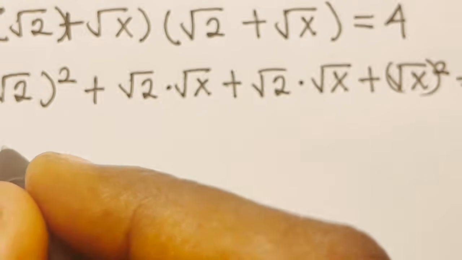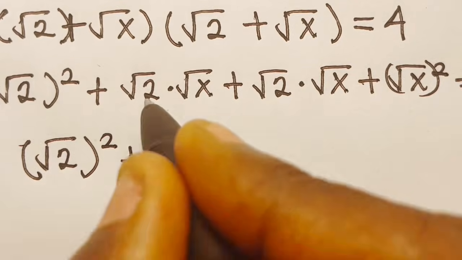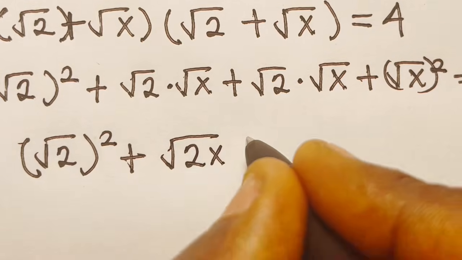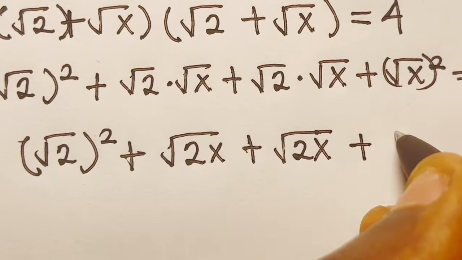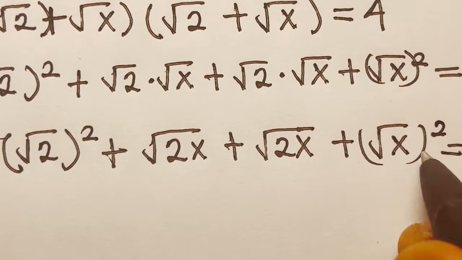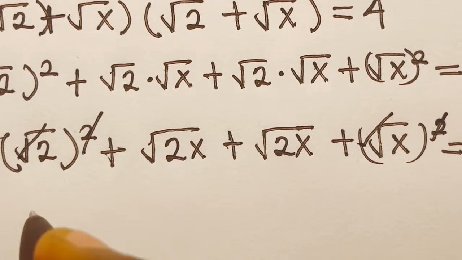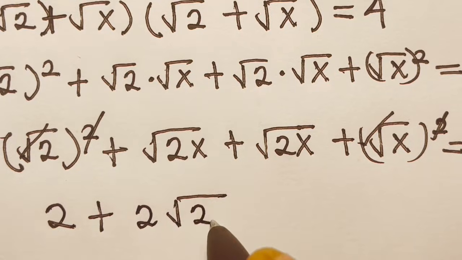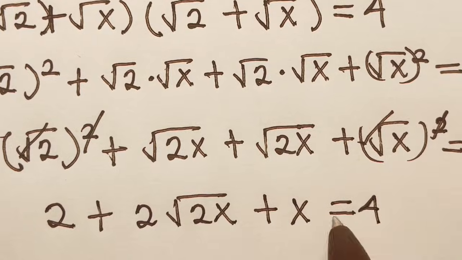Here now we have square root of 2 squared, plus, if you multiply this, square root of 2x plus square root of 2x, plus square root of x squared equals 4. Here these two cancel each other, so we have 2 plus 2 square root of 2x plus x equals 4, right?